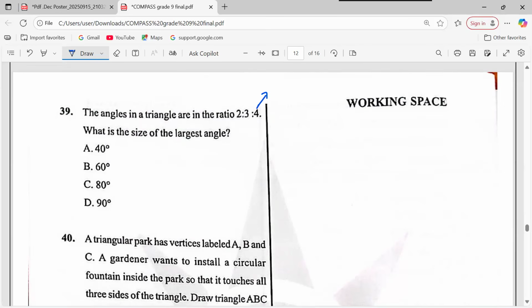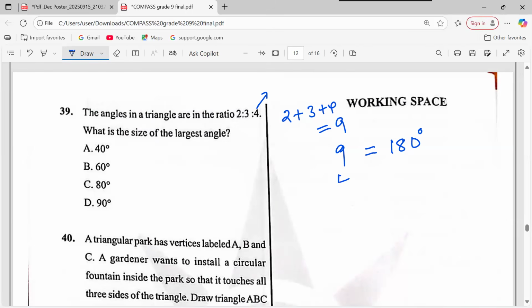So how many proportions are these? This is 2 plus 3 plus 4, giving us 9. So the 9 proportions are now representing 180 degrees within the triangle.